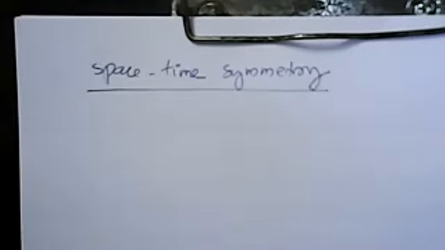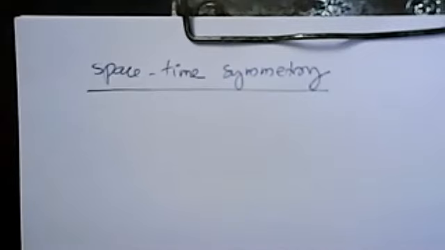Yesterday we found that the normal geometrical symmetry operations are translation or displacement, then rotations, then inversion in space and time. So these are the geometrical symmetry operations.